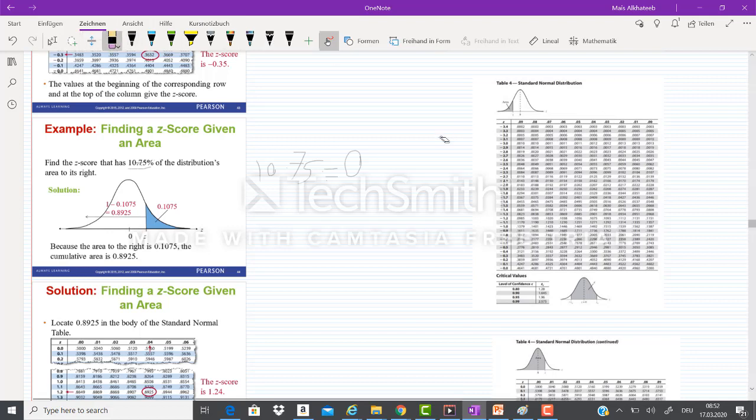How do I calculate it in the calculator?